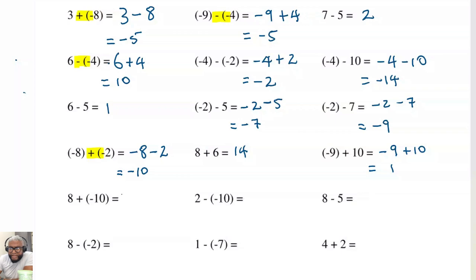8 plus negative 10. What's the first thing we gotta do here, Francis? Say that again, Francis. Yeah, that'll be -2. All right, give me more working. What will it be, 8 what?